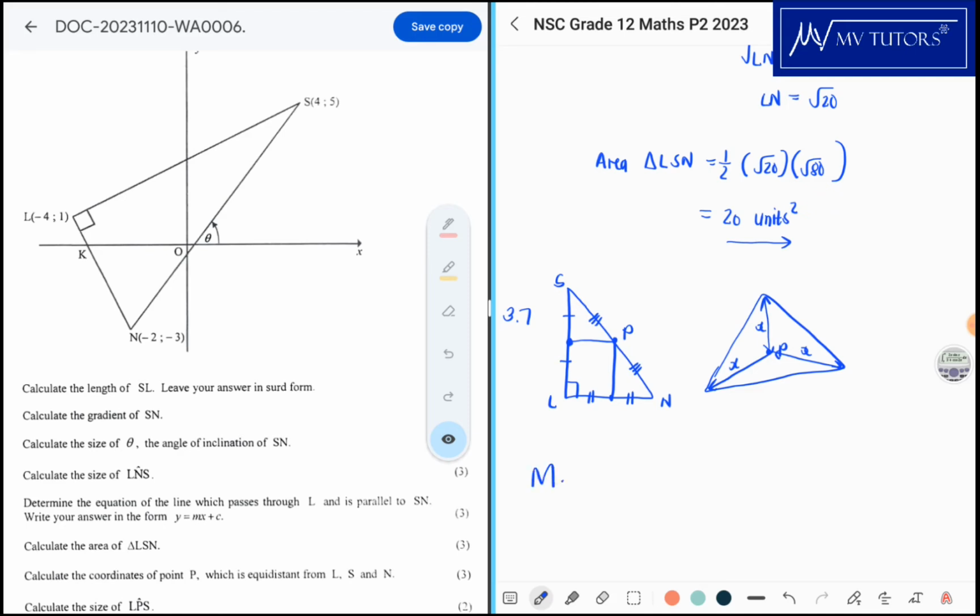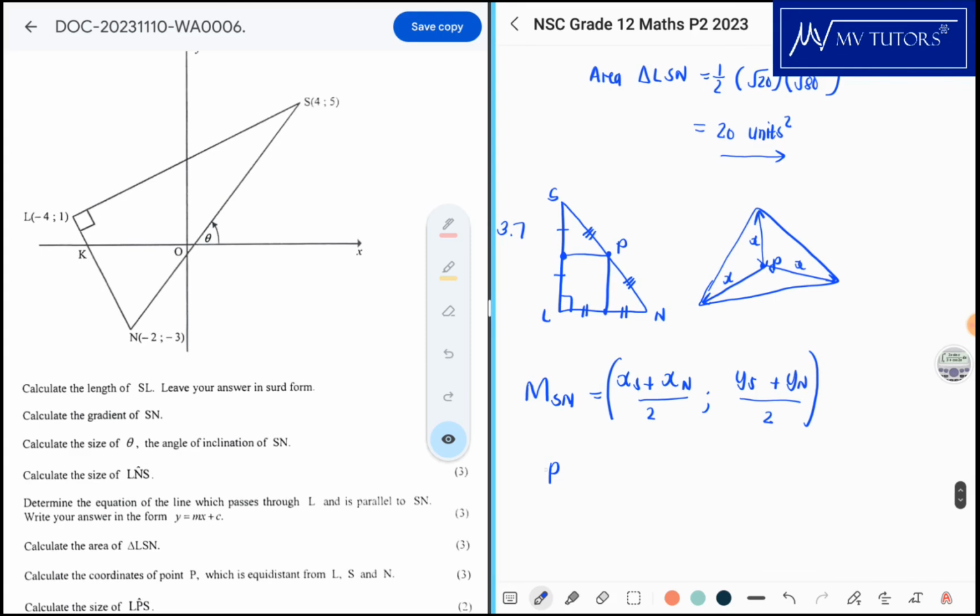The midpoint is the x coordinate of S plus the x coordinate of N, divided by 2, and the y coordinate of S plus the y coordinate of N, divided by 2. That's how you get the midpoint, and that would be your P.